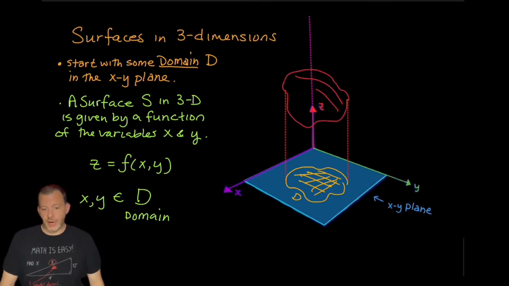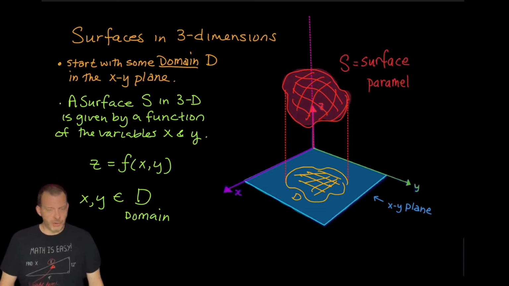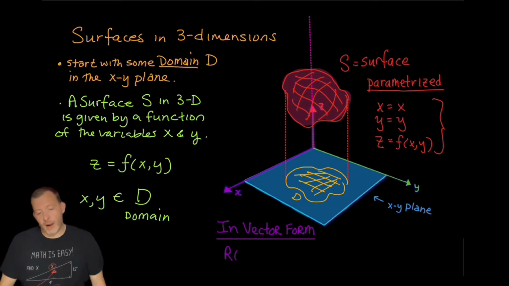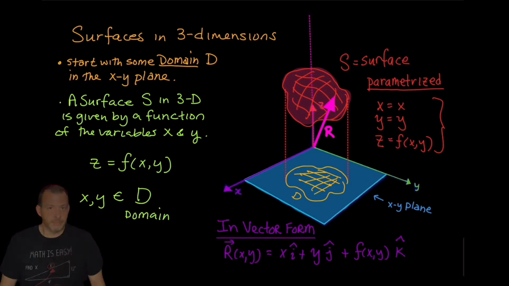So the z direction is described by a function given in terms of both x and y. And we can also describe this, of course, with vectors, but given a domain in the xy plane, we can use it to describe a parametric surface in three dimensions, and we can use vector notation to describe that.